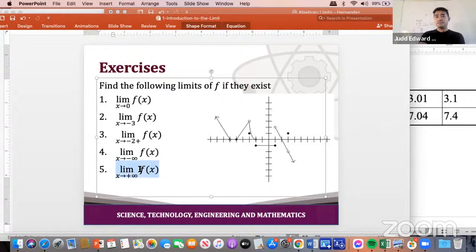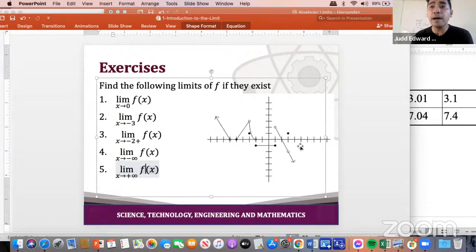Okay, look at question number 5. Sabi dun sa question number 5, the limit of f of x as x approaches positive infinity. Asaan po ba yung positive infinity? Left or right? Right po. Is there an arrow dun sa right? Meron po. Pero saan po papunta yung arrow natin?